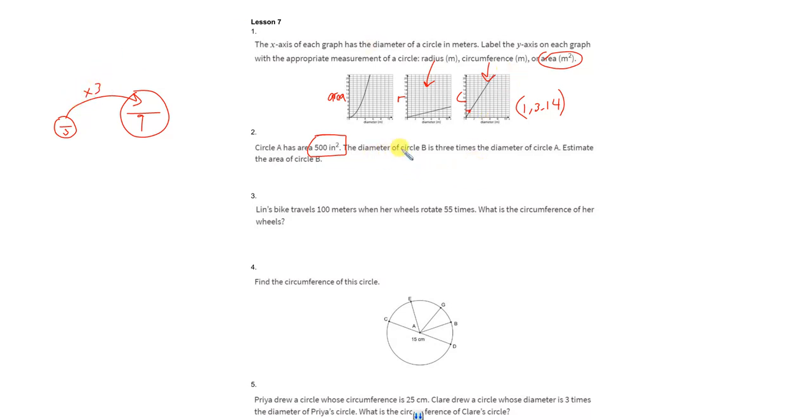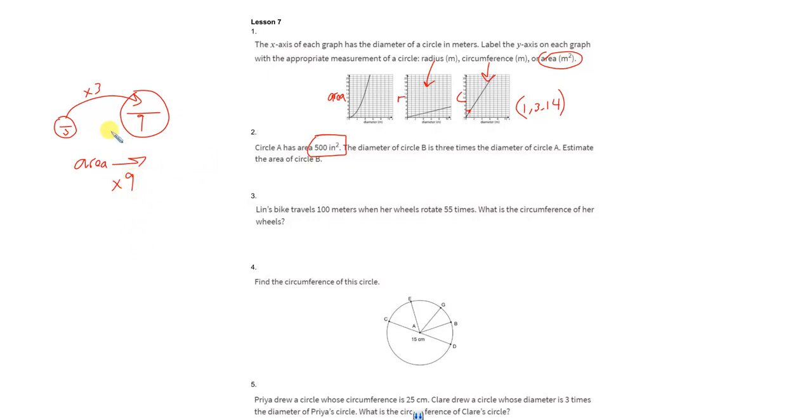So if the diameter of circle B is 3 times greater, its area is 9 times greater. So the area is going to get bigger by a factor of 9.